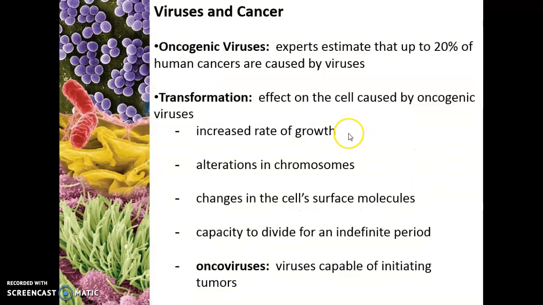And what that means is there is an increased rate of growth. There can be alterations in chromosomes. There can be changes within the cell surface molecules. And what happens is this really is mutating the host cell.